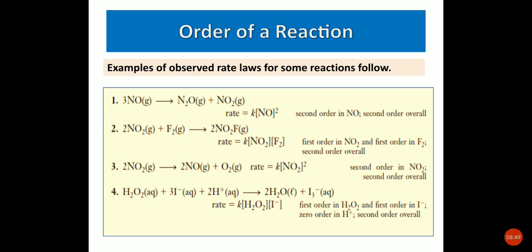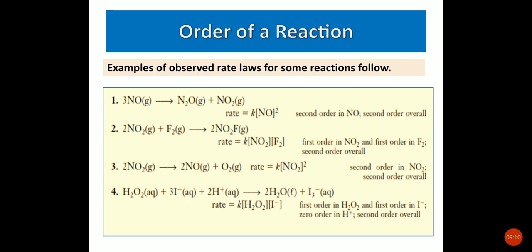And the second one, 2NO2 plus F2 gives 2NO2F. Rate is equal to K into concentration of NO2 into concentration of F2. So the sum of the powers of the concentration is 2, so it is also a second order reaction. Then the third equation is 2NO2 gives 2NO plus O2.